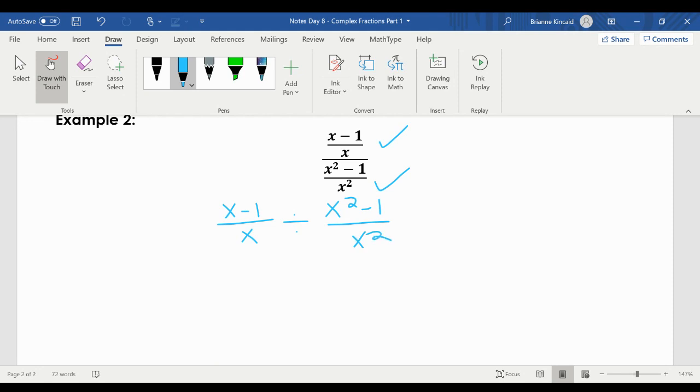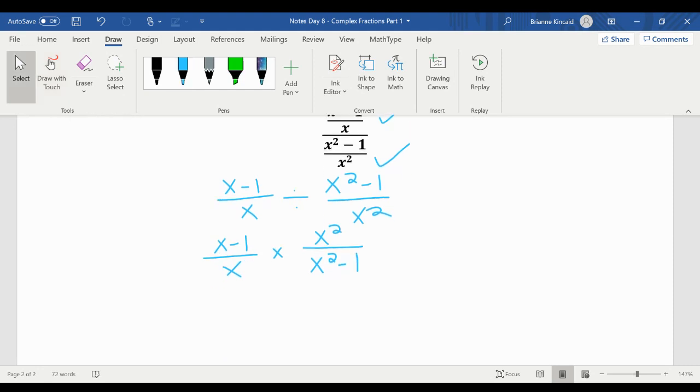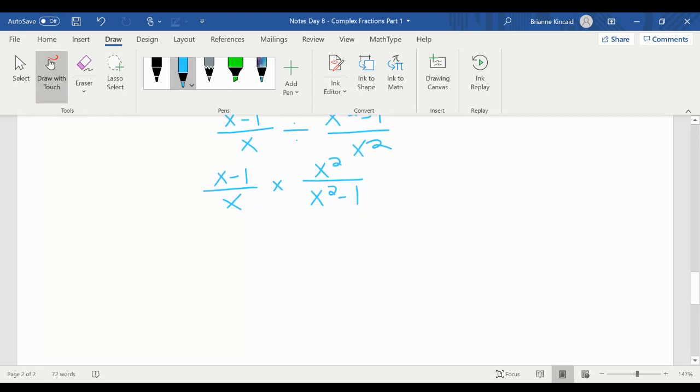To change it to multiplication, I'm going to keep the first, change to multiplication, and then flip the second. And I want to make sure I go ahead and factor where I can. Nothing can factor in the first fraction. The only thing I'm going to do is rewrite it as x minus 1 over x and put the x minus 1 in parentheses because it's a quantity.